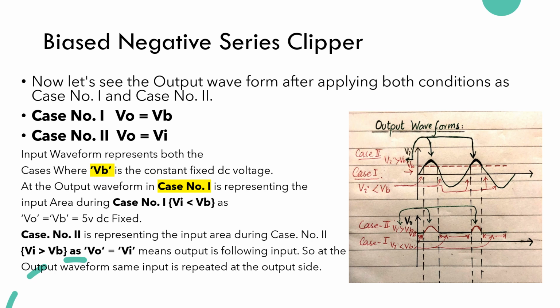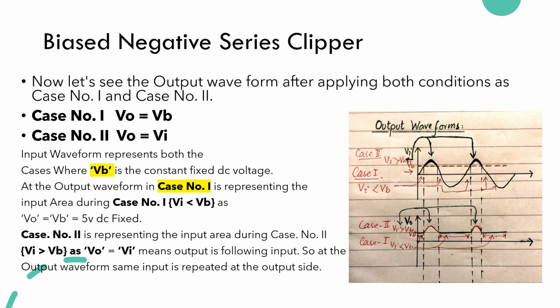So in this figure, first see the input waveform, which represents both the cases, where Vb is shown as a constant fixed DC voltage, marked at the positive half cycle because it is a biased negative series clipper, due to its polarity: its upward polarity is positive, so it is marked in the positive half cycle.